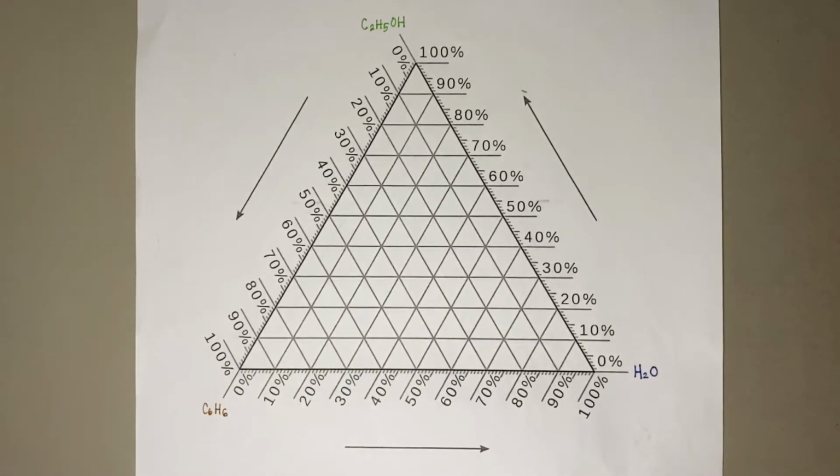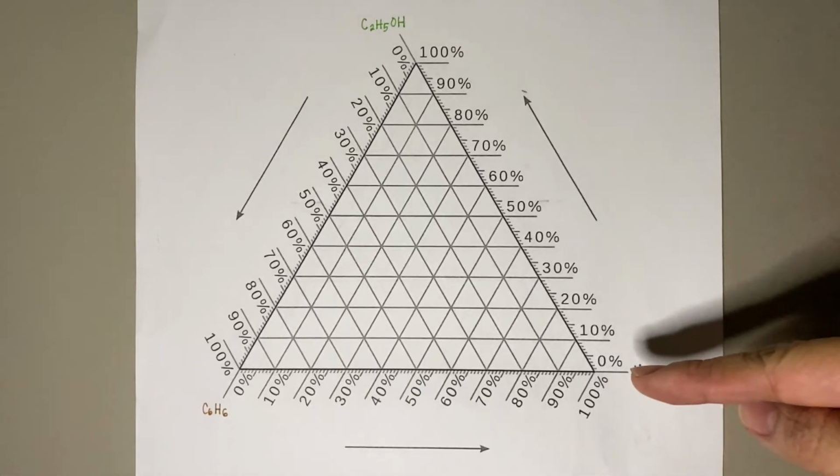So how do we read this? With the bottom side of our diagram, we start with 0 from the left going to 100 to the right. And this means 0% water to 100% water.